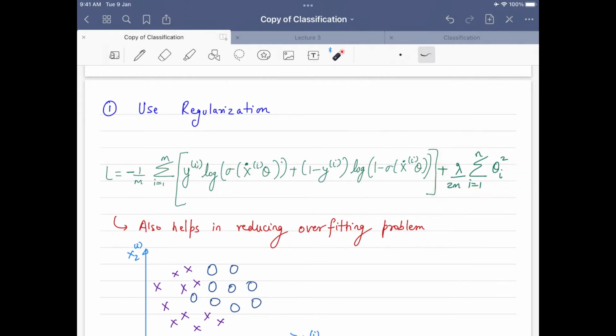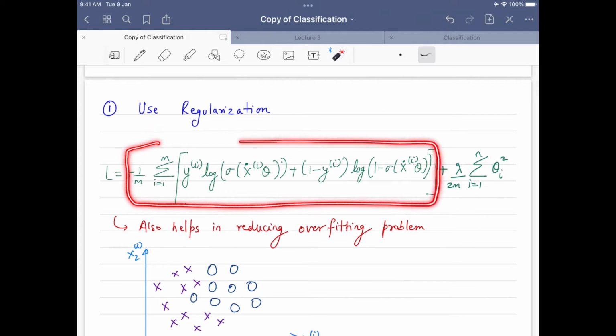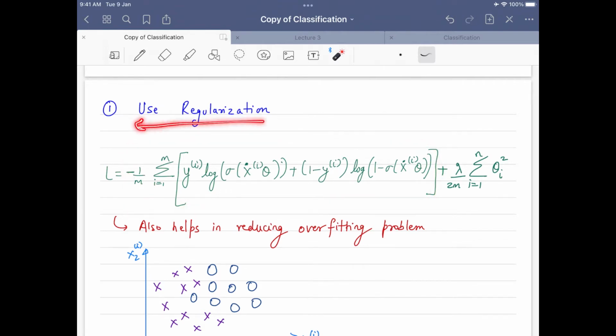So you can see I am appending an extra term over here along with the original cost function over here. When you use regularization, that is, when you penalize the coefficients of the model, the thetas, it will try to adjust these values of sigma, and it will not allow them to touch 0 or 1.